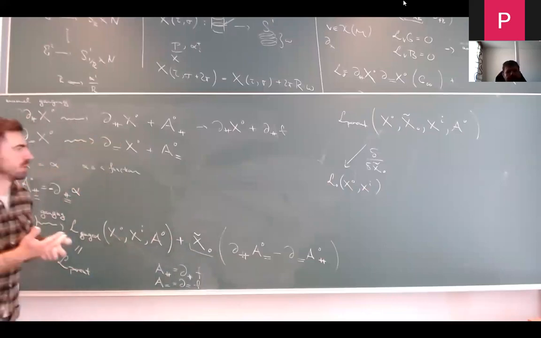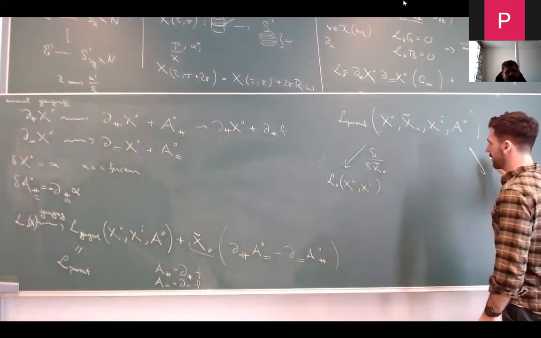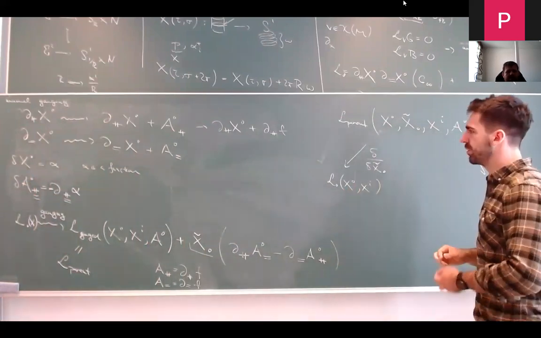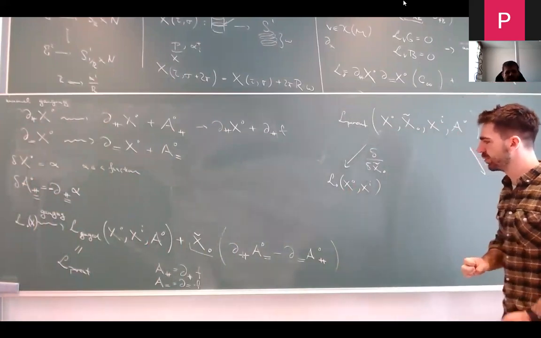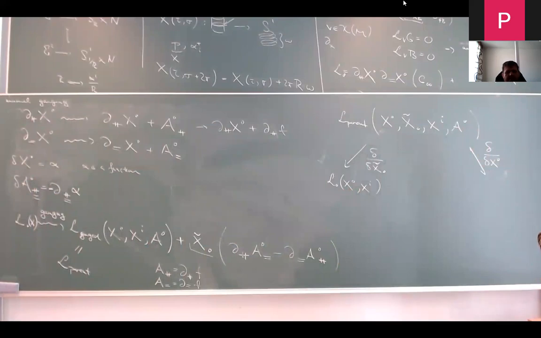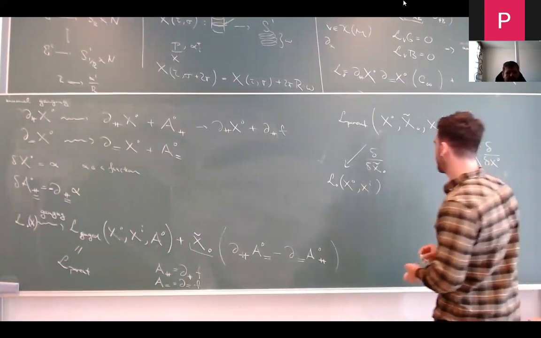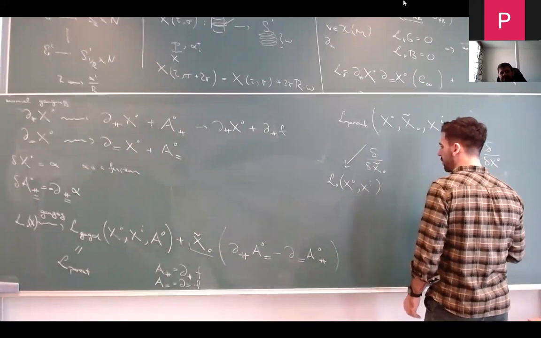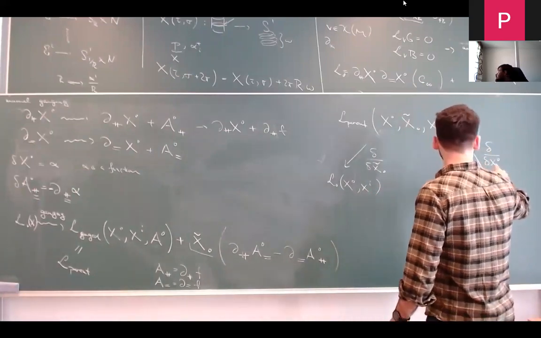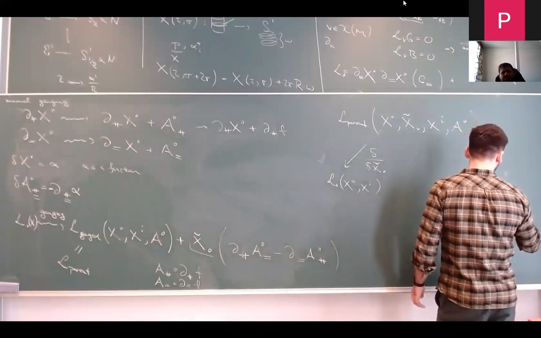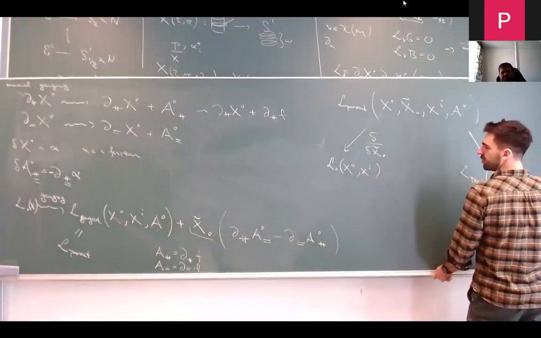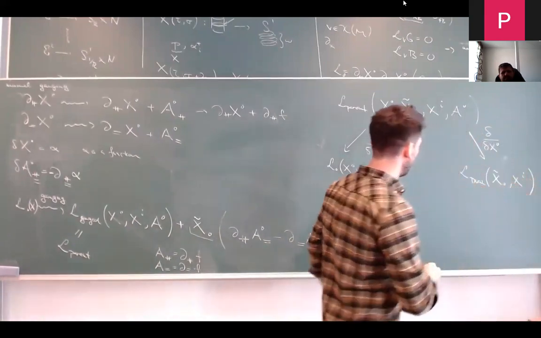I can integrate out x naught. I can do the same thing, varying with respect to x naught and plugging the equations of motion back into the Lagrangian, and I'll end up with a Lagrangian which will now have no dependence on x naught, but the dependence on x tilde will survive, and no dependence on A. This is the dual Lagrangian.